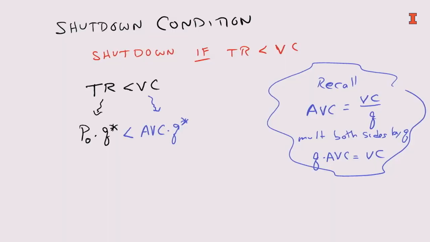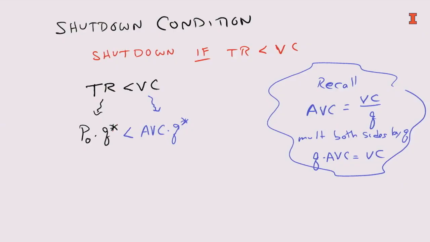So my shutdown condition is when this term, which is total revenue, is less than this term, which is variable cost. But since they both have Q stars on both sides, I can divide through by Q star. And as long as Q star is non-negative, it doesn't change the direction of the inequality.